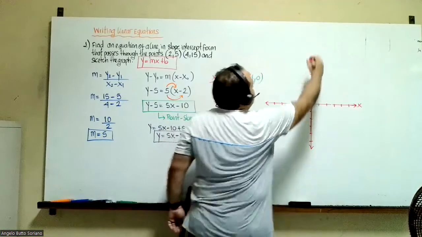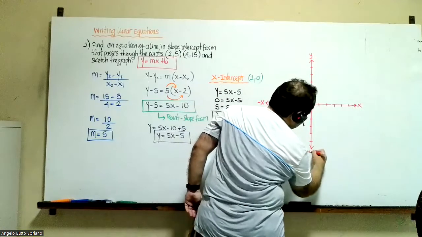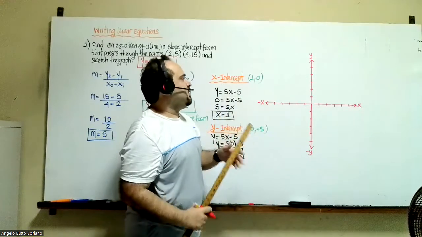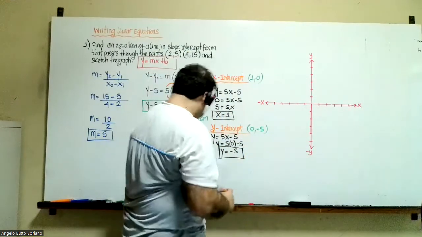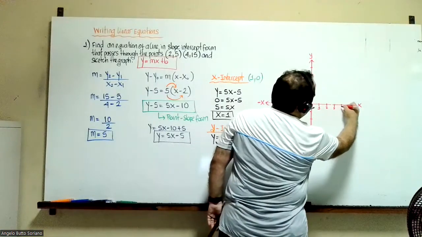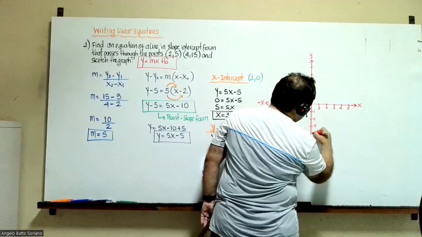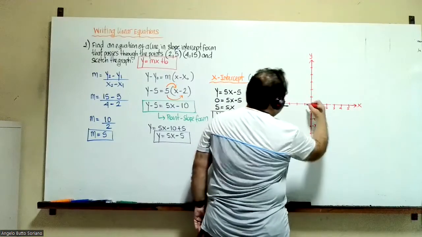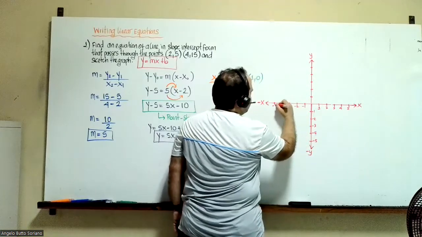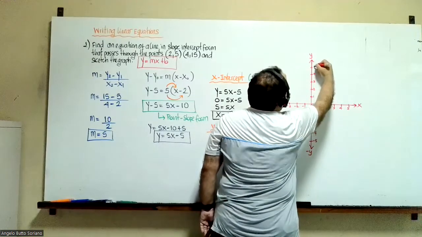Okay, this is the y-axis, the negative x, negative y axis. Every square represents 1 unit. Let's label again: 1, 2, 3, 4, 5, negative 1, negative 2, negative 3, negative 4, negative 5, and on y 1, 2, 3, 4, and 5.